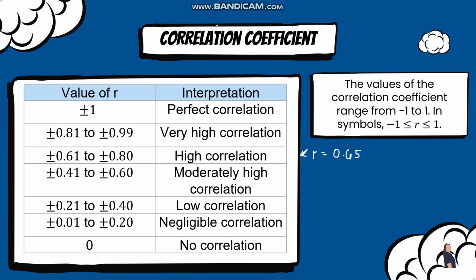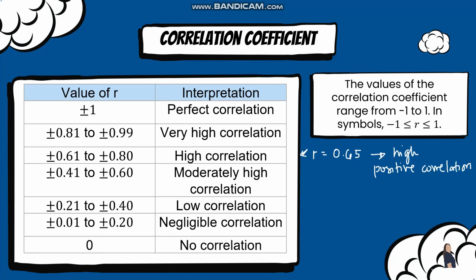So our r is equal to 0.65, so it falls within this category. So it's high correlation. Now, how are we going to write our interpretation? Aside from this one, we also have to take note of the direction. Since this one is positive, we have to write here high positive correlation.